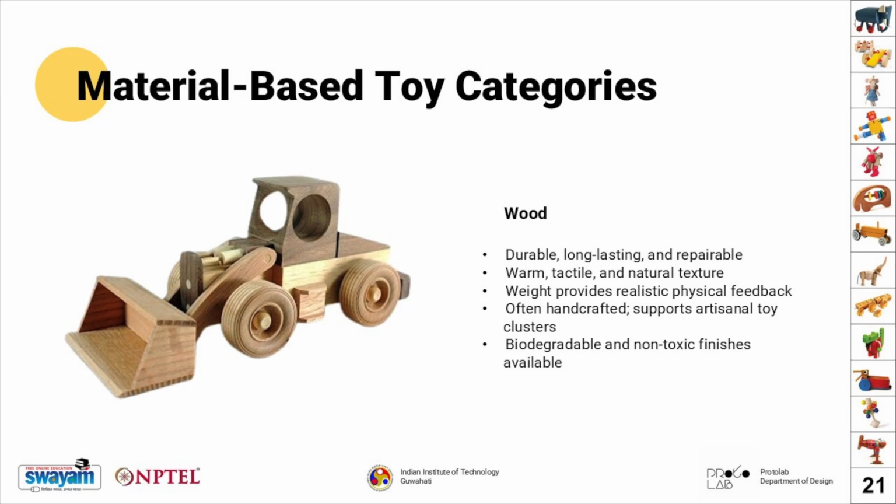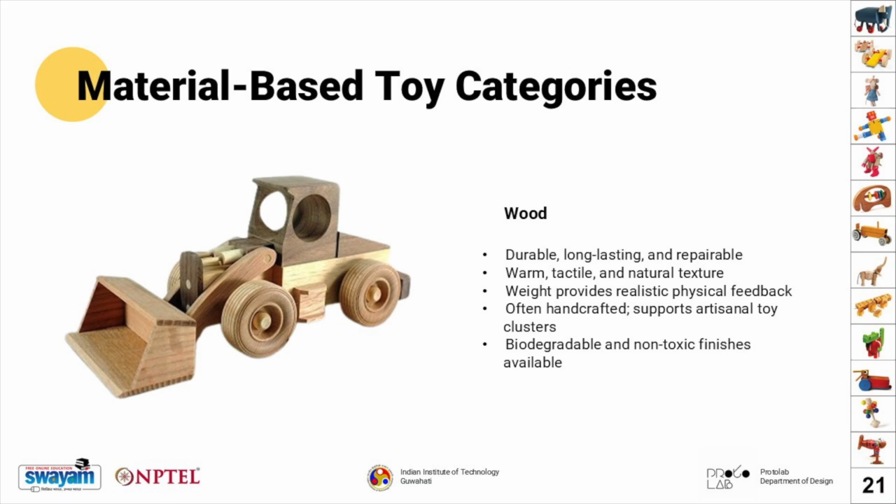A wooden toy behaves the way it does because of the material itself. Wood has a natural weight and resistance. This loader truck feels solid in a child's hand and moves with a satisfying physicality.